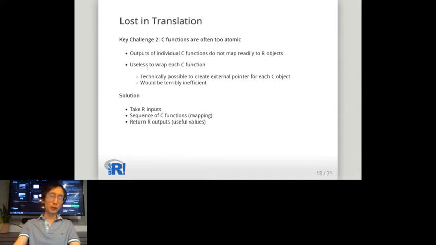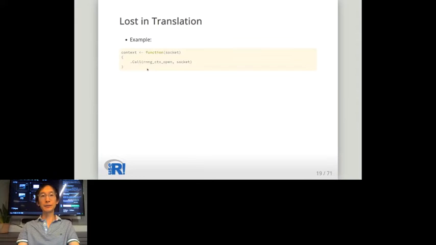So what you would probably want to do instead is take your R inputs, pass them through a series of C functions, a mapping, if you will, and return some R outputs, which hopefully are actually useful values for you, rather than just some kind of intermediate state.